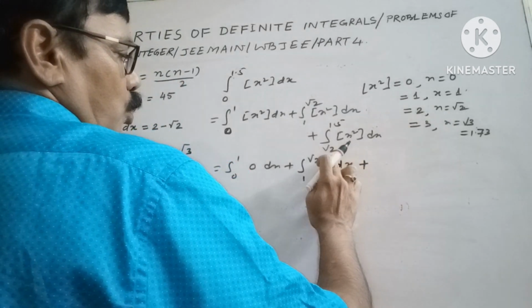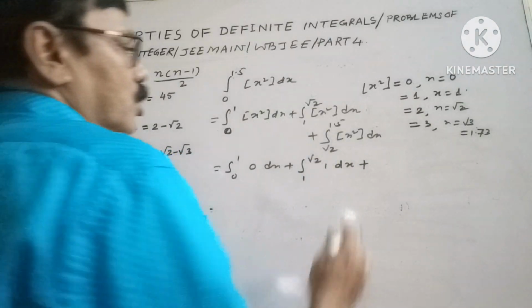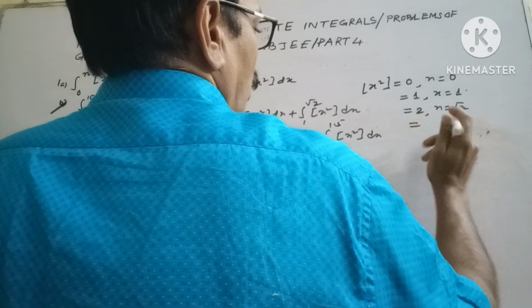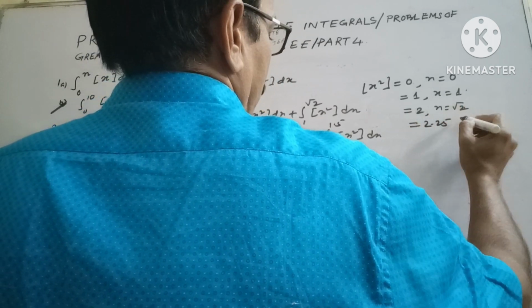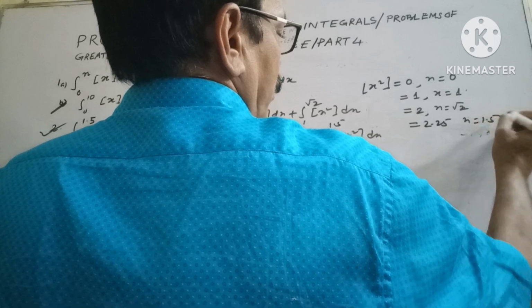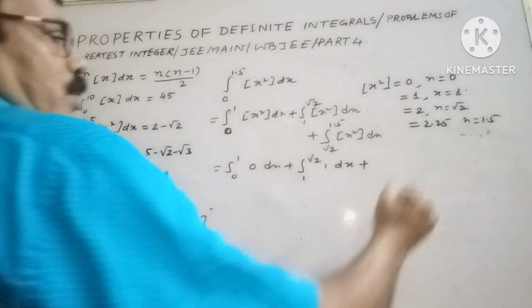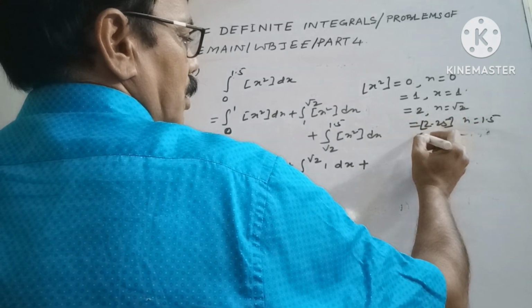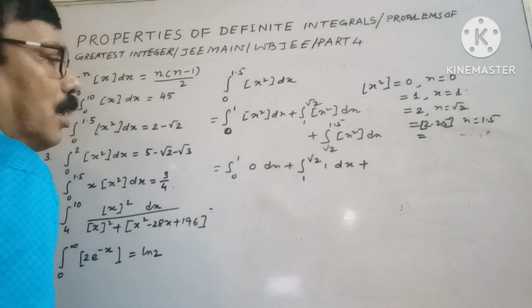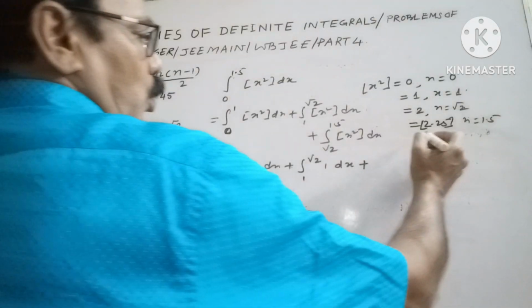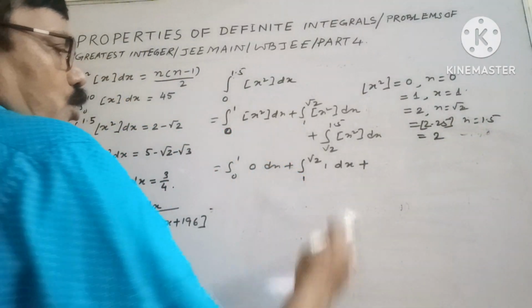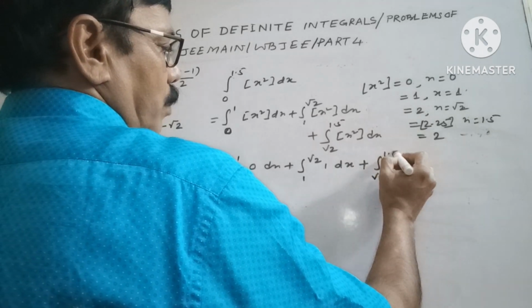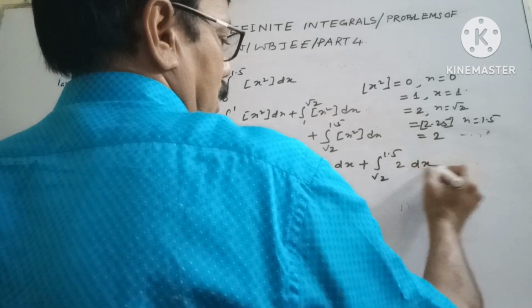Then 2, since the third bracket x square at x equals 1.5 is 2.25, which is 2. So we are getting root 2 to 1.5, 2 dx.